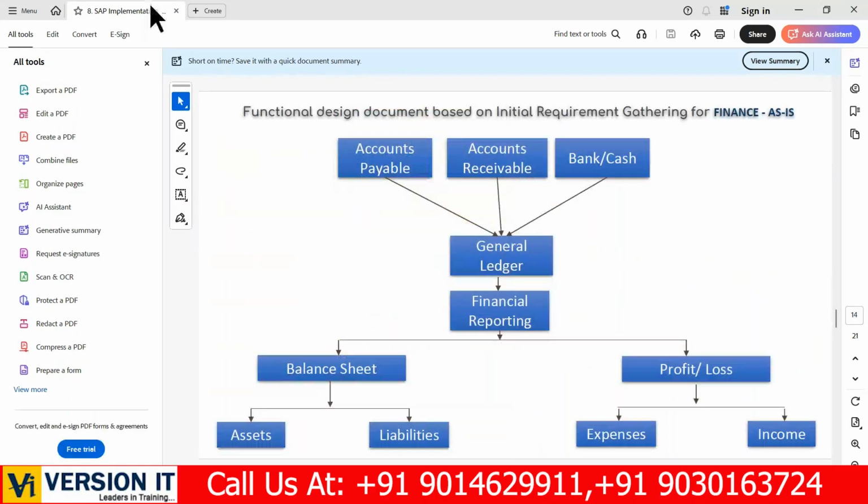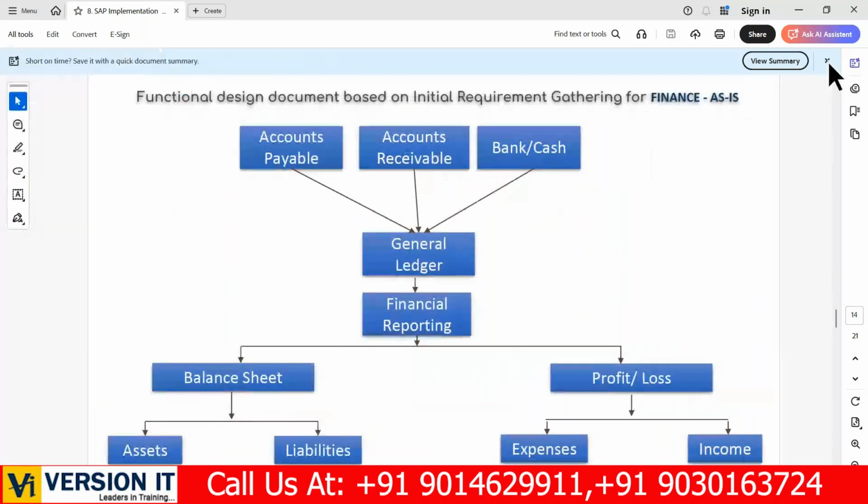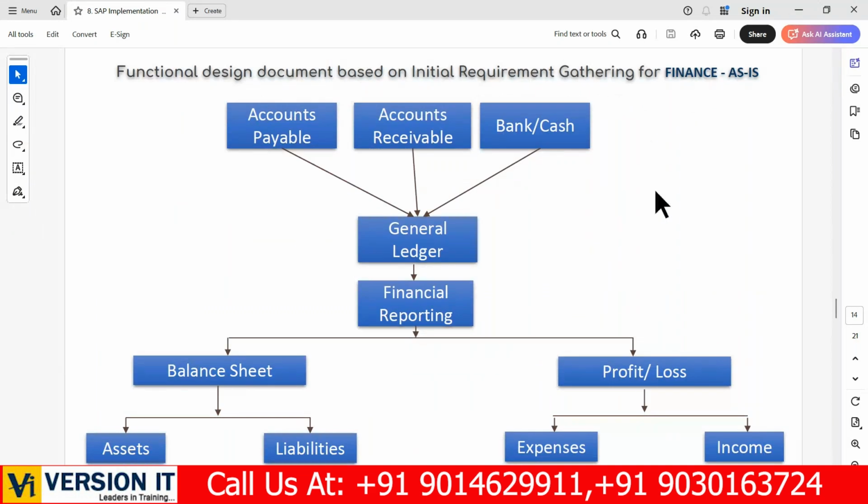Right. So this is my client's existing architecture. What is that? The as-is document. As-is means what was previously there in the architecture. What are the components they maintain? General ledger. Under general ledger, they maintain receivable, payable, bank.